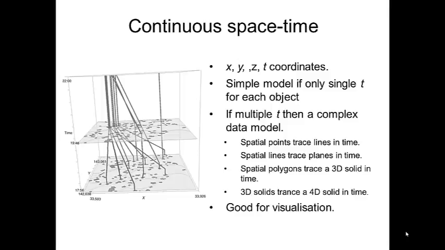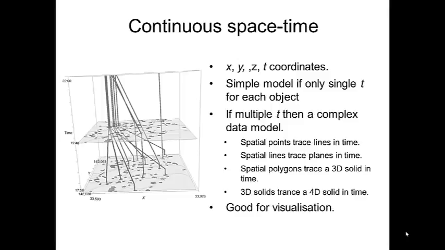So here's an example, these are all points on the left-hand side. A point that exists through time traces a line in space and time. These are individuals, this is population movement data. So these are the timelines of individuals through space and time. In this case, we know where every individual was at every time.